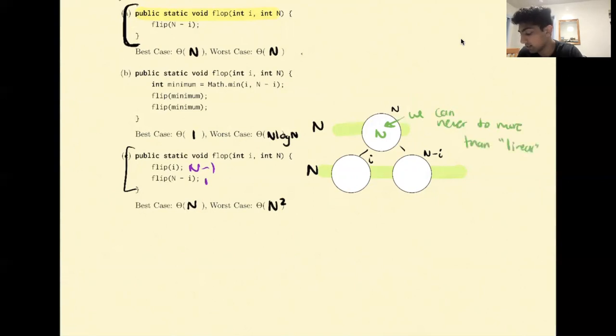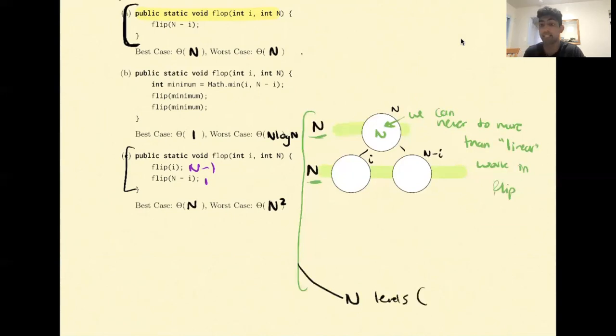linear work in flip, right? Which means that each level of this corresponding tree will always be doing at most n work, okay? So if each level can do at most n work, and the most amount of levels this tree can possibly have is n levels, right?